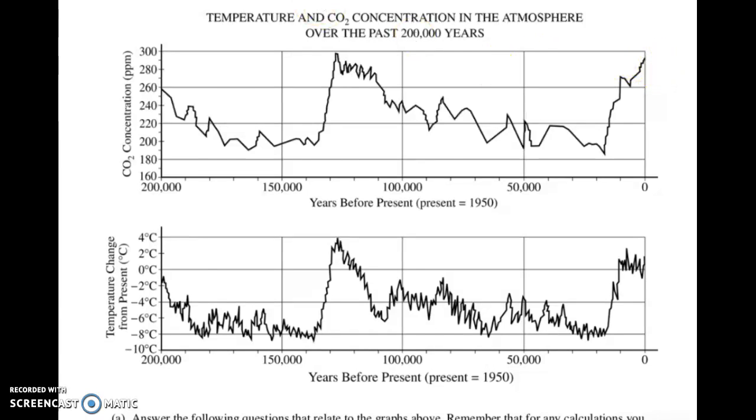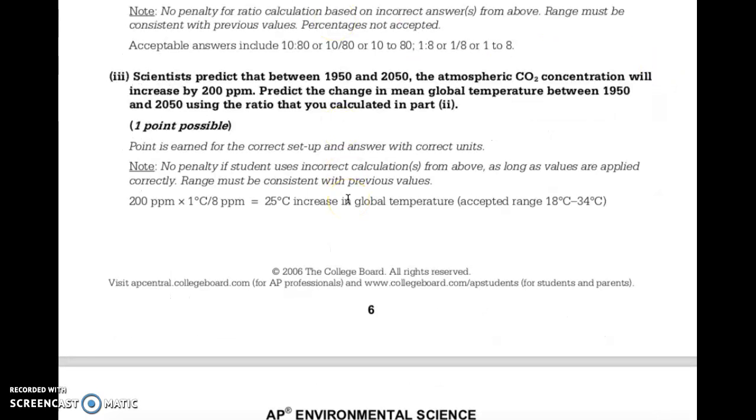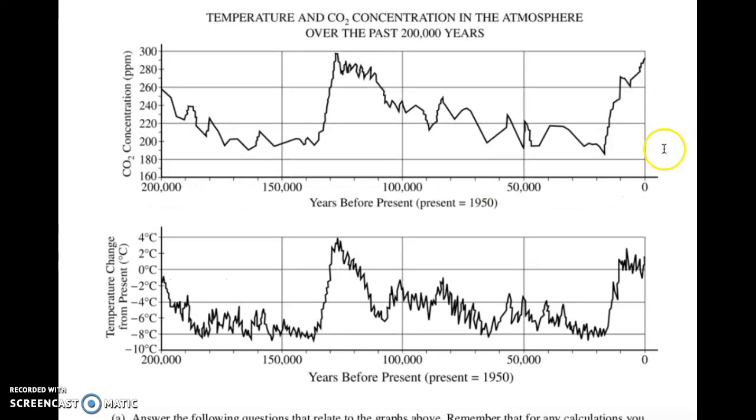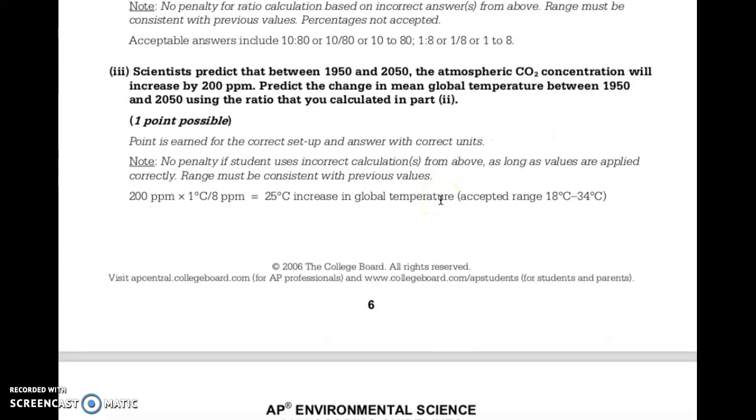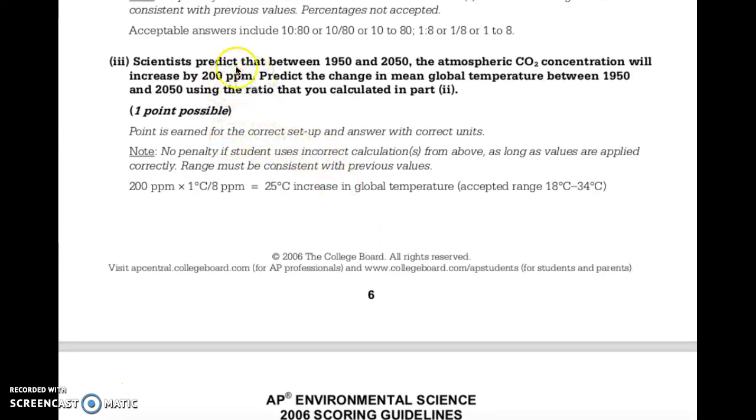So we are looking for the temperature change based on the carbon dioxide concentration. So our carbon dioxide concentration that they gave us is 200 parts per million. So we're just going to plug that in.